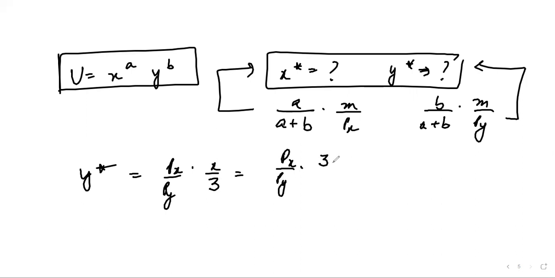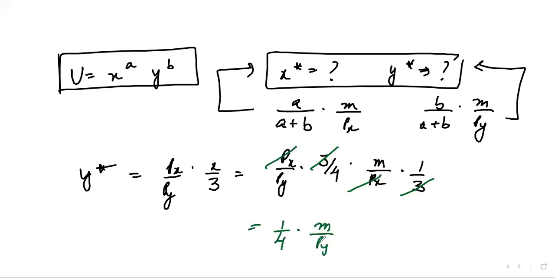X is 3 by 4 into m by px, by 3. So if I solve for this, I am going to get 1 by 4 m by py, which is nothing but b upon a plus b into m by py.